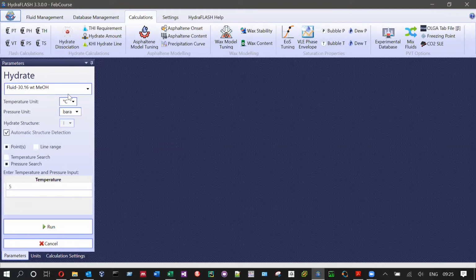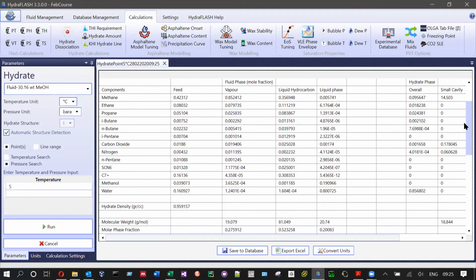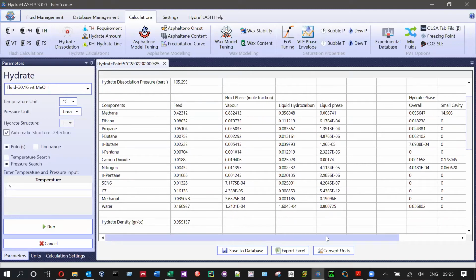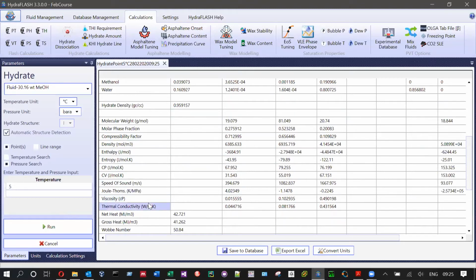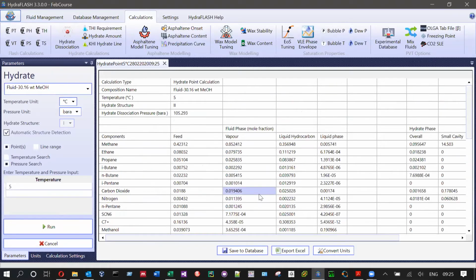And then if you want to perform a point-based calculation, you choose this point, and it gives you the dissociation pressure, the most stable hydrate structure, the composition of all phases at these dissociation conditions, the composition of the hydrate phase, and also some information: molecular phase fraction, CPCV, and second derivative thermodynamic properties here. And at the bottom of it, you can see the options which were used for this calculation.